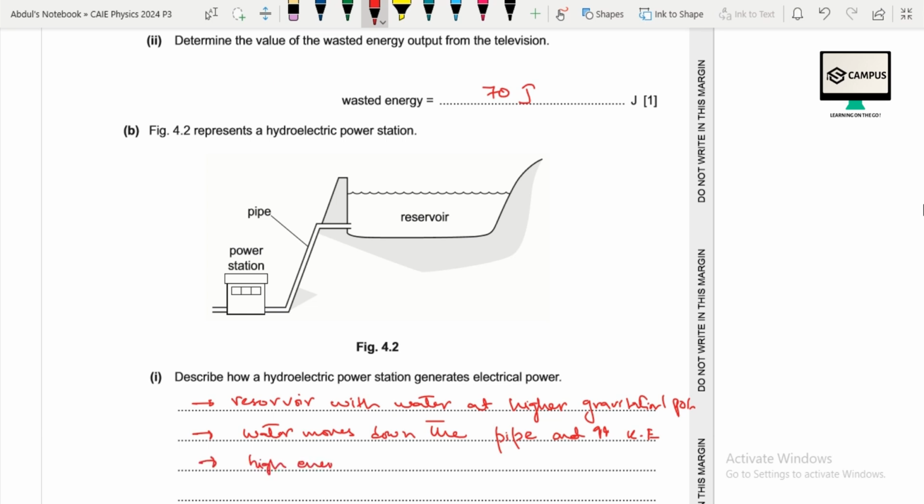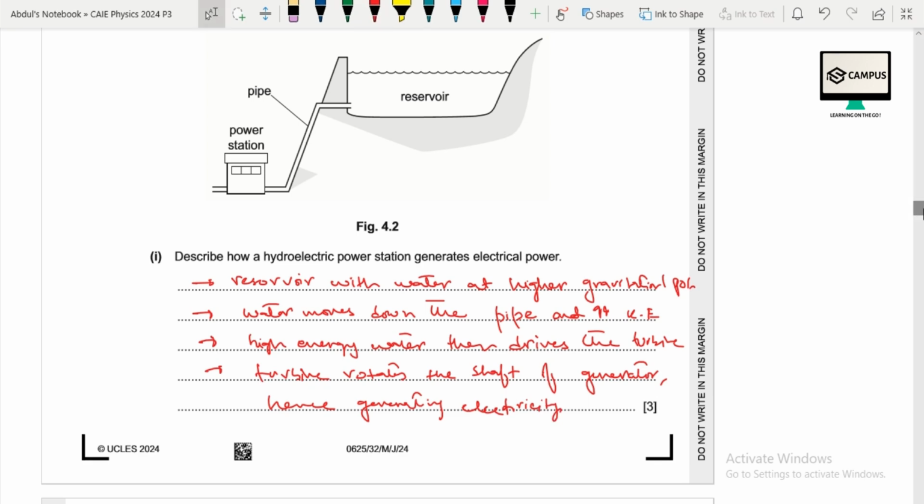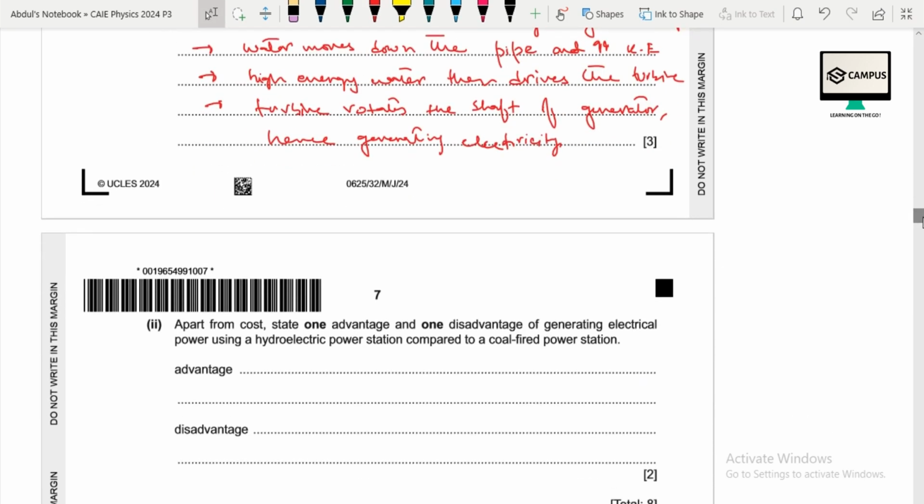This high energy water then drives the turbine. The turbine rotates the shaft of the generator, or the coils of the generator, generating electricity. So that's comprehensive. That's it.